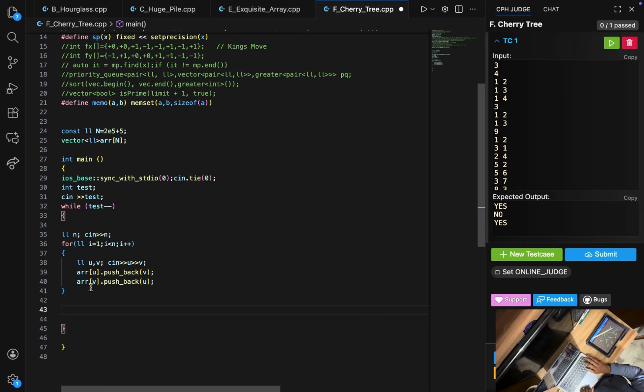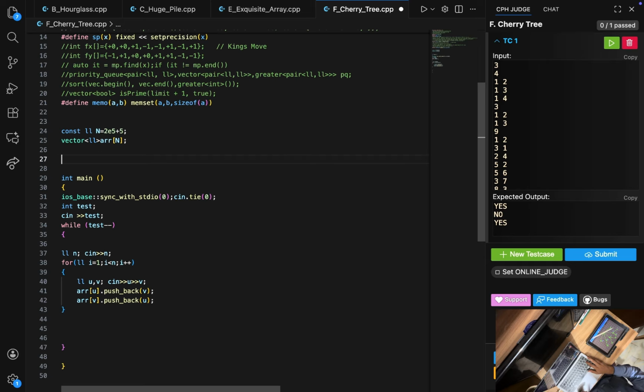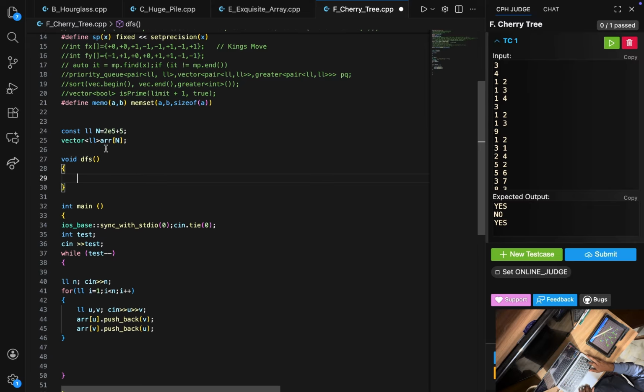Okay, input is done. After that, I just have to count the subtree.